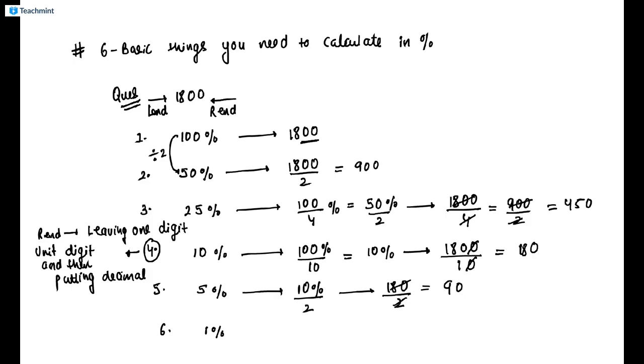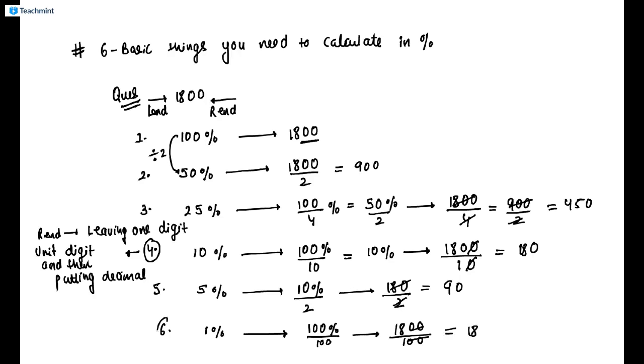How will you get the 1%? See, 1% is how much? If you will see, you will divide the 100% by 100 only. So 100% value is 1800, and if you divide by 100, you get 18 as the value.